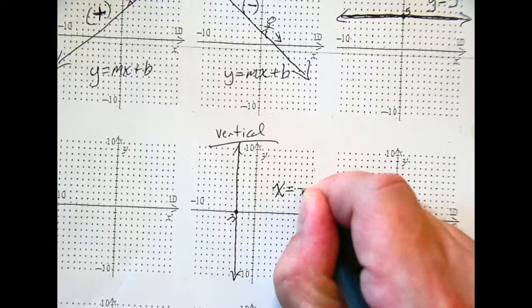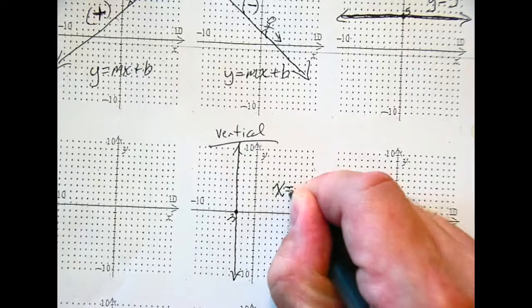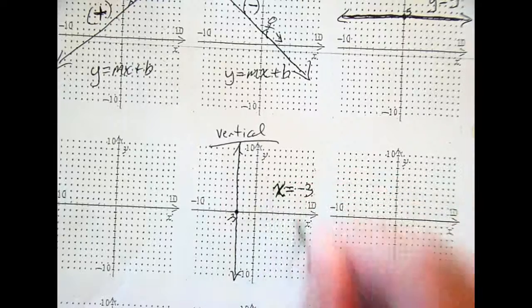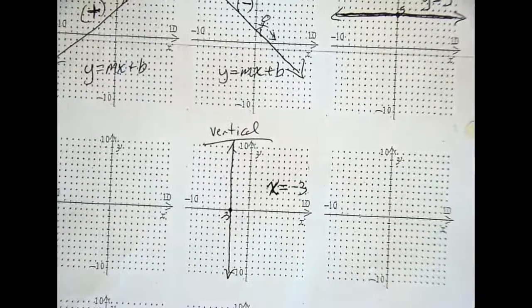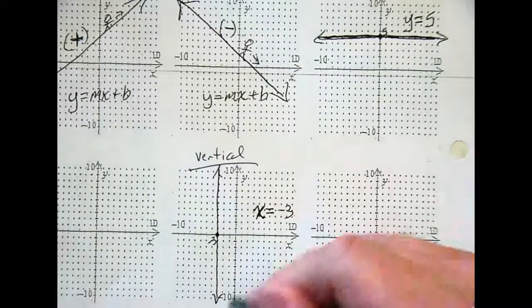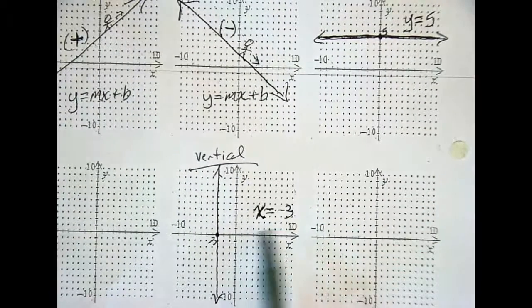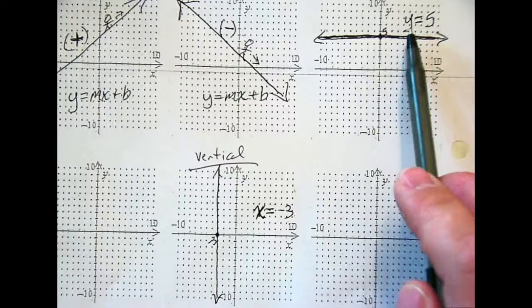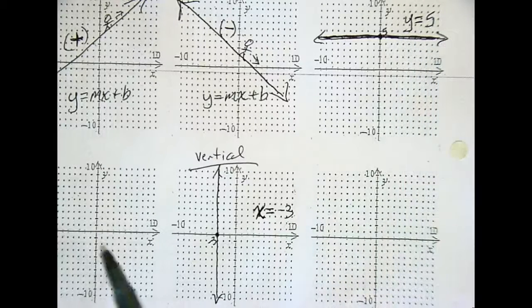This is an x equals line. So note the difference: if it only crosses x, it's x equals. If it only crosses y, it's y equals.